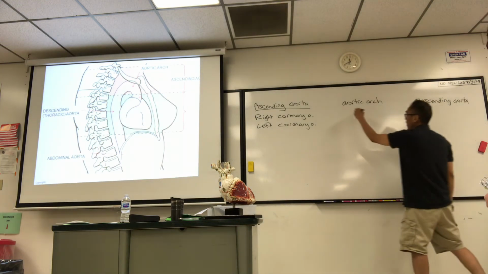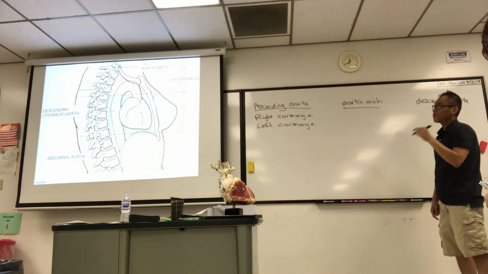The branches that come off the aortic arch, there's 3 of them. I'll show it to you.